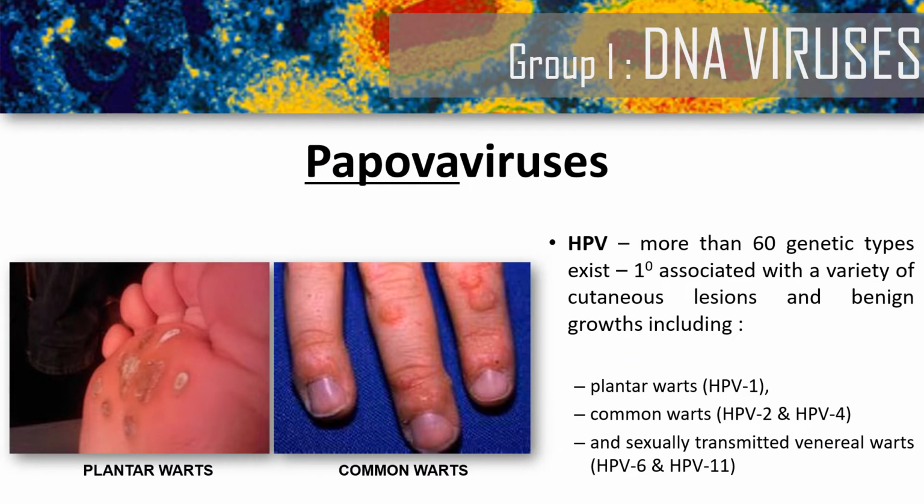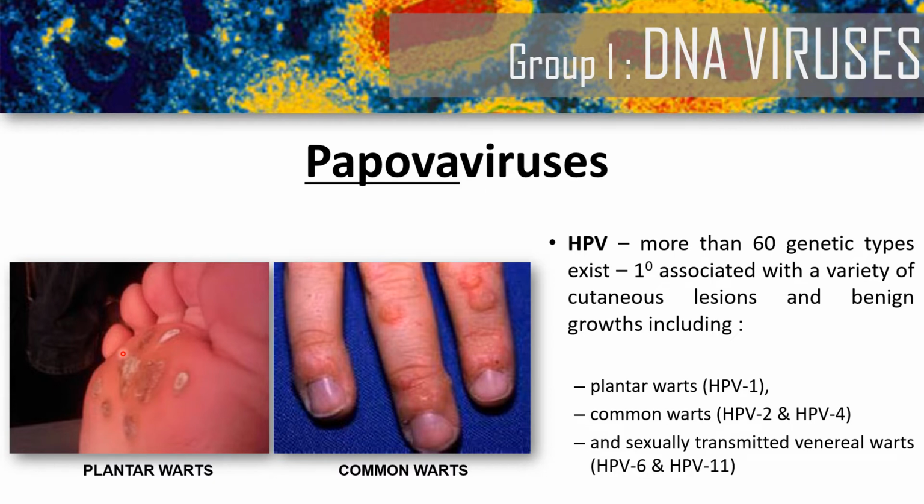Again, under the Papovaviruses you have the Pa for Papillomaviruses, and in humans, we have the human papillomaviruses. They have more than 60 genetic types and are primarily associated with a variety of cutaneous lesions and benign growths. That includes plantar warts, which are caused by human papillomavirus 1.